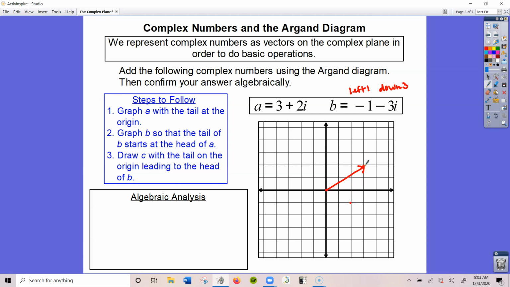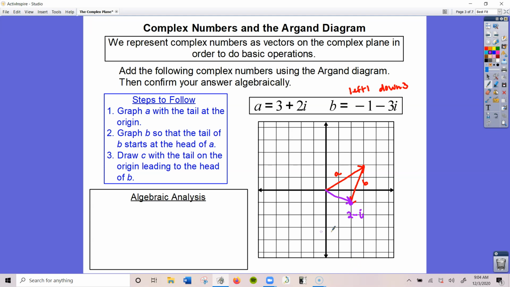That means from here to here would be my second vector representing B. And my final answer would be from the origin to where B ends, right here. My result, when I add A plus B, should be 2 minus i.